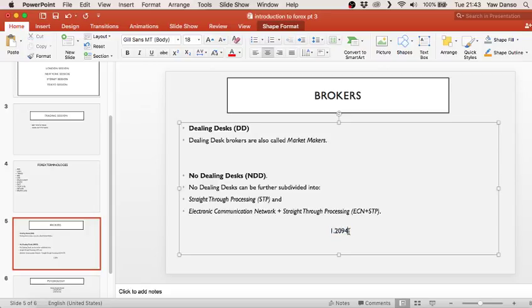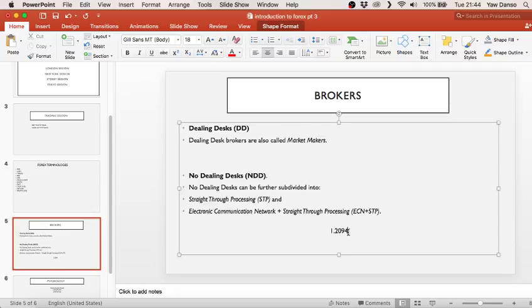The banks will give it to them as it's like wholesale and retail. They'll go and buy it at 1.2090, and then they'll come and sell it to you for 1.2094.